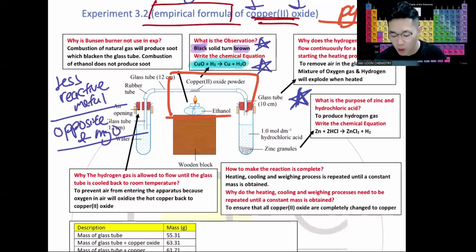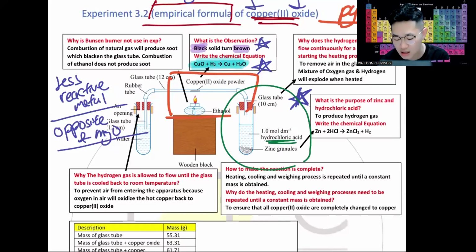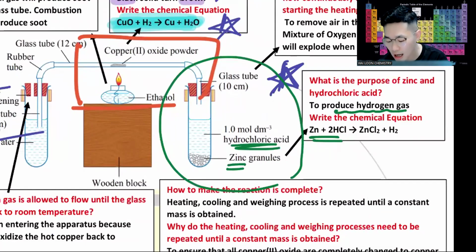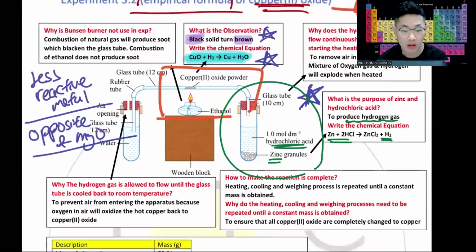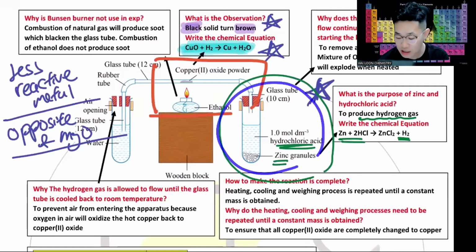Then, what is the purpose of this part where we have hydrochloric acid that reacts with zinc? The hydrochloric acid and zinc is to produce hydrogen gas. So we need a reaction that produces hydrogen gas.